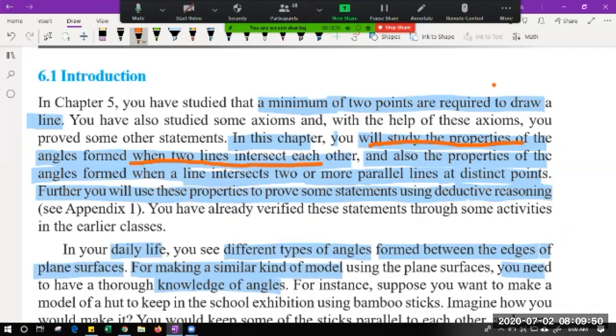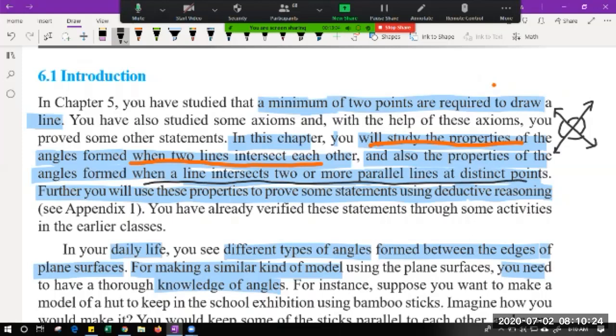So we have seen that when two lines intersect, angles are formed like this. We have to study their properties in this chapter. The first thing we study is the properties of angles formed when two lines intersect, and the second thing is the properties of angles formed when a line intersects two or more parallel lines at distinct points.